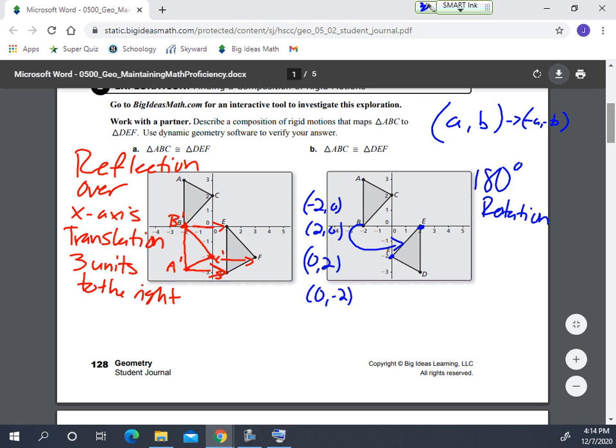Right, and then we have -2, 3. We flip that, we got +2, -3. Okay, so that's just an easy 180-degree rotation.